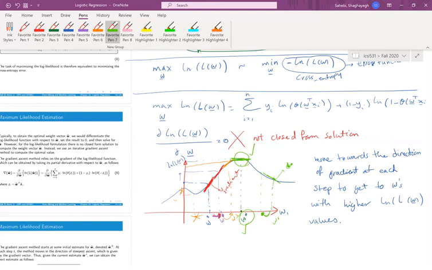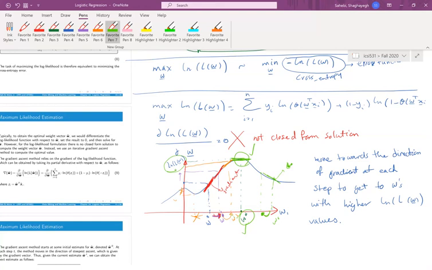It's gradient ascent because we are trying to maximize the function. If we were trying to minimize the value of the function, it would have been gradient descent because we were going down. But here in gradient ascent, we are going up the hill. So we have to move in the direction of the gradient. So what we do is that at each step, we take the gradient.